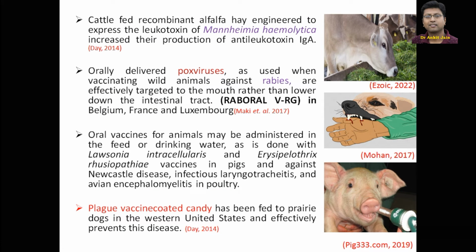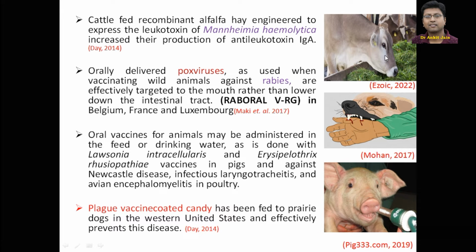In the veterinary field, Mannheimia haemolytica produces a leukotoxin, and that leukotoxin is recombined with a particular type of DNA in alfalfa, or is absorbed on the alfalfa, and is given to the animal.